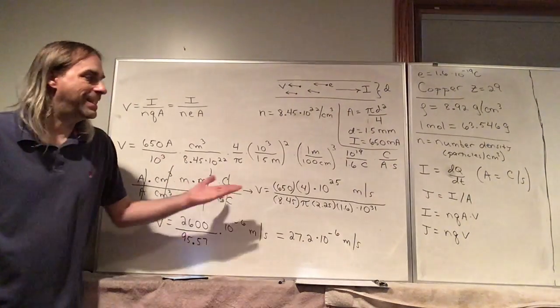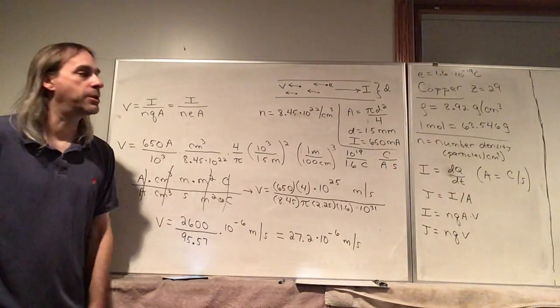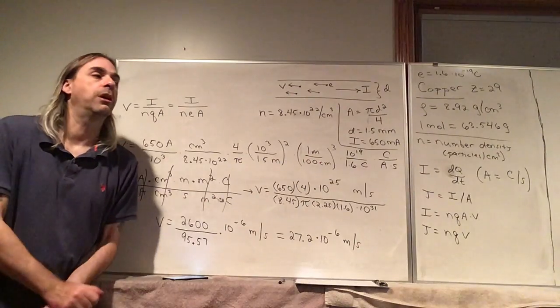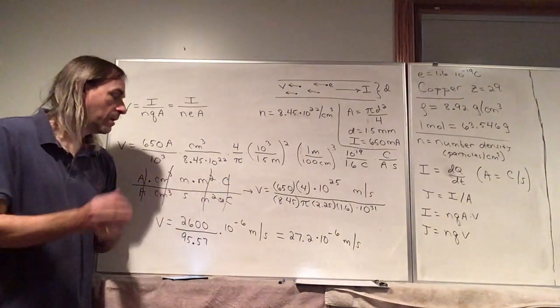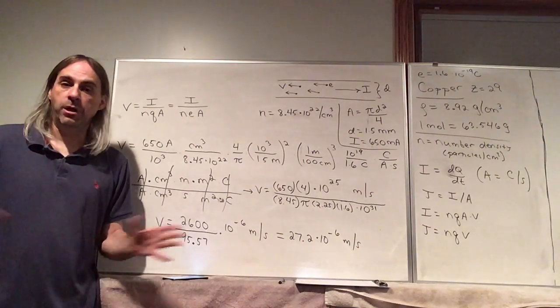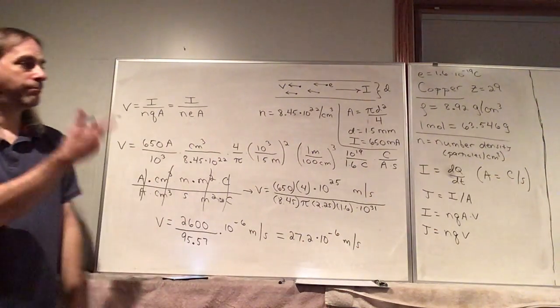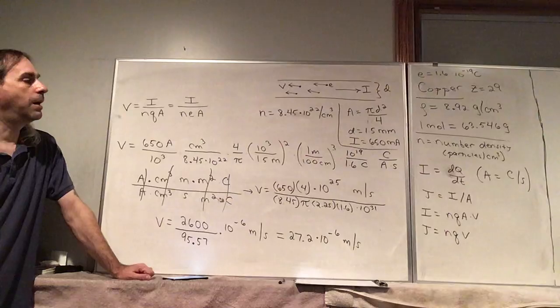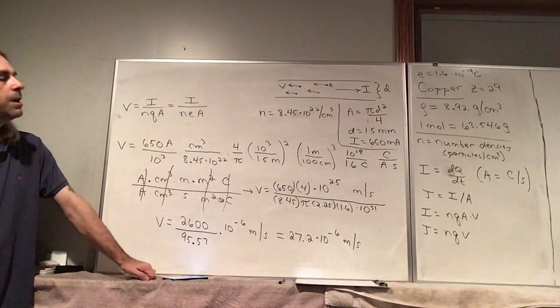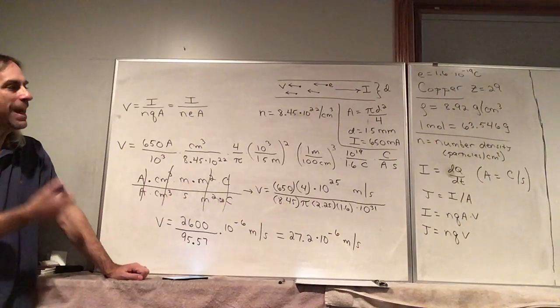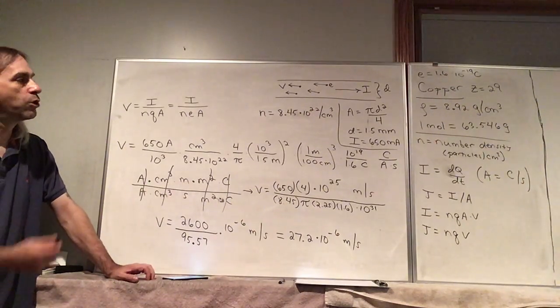So 10 to the 6, that's a million meters per second. That's how fast electrons in a conductor are typically moving. So this velocity is completely off. However, it's a bad model, still kind of useful to look at. But let's look at a slightly better model called the Drude Model.